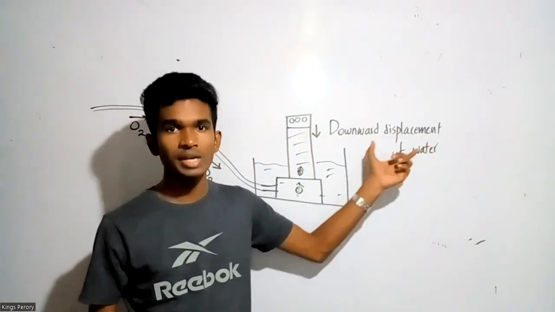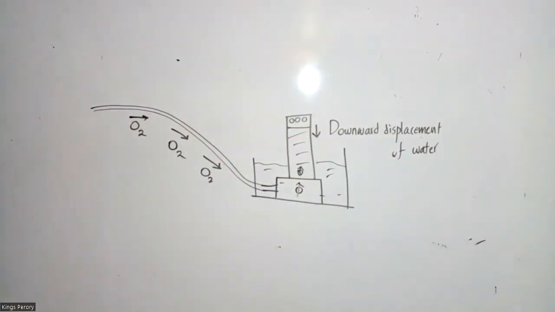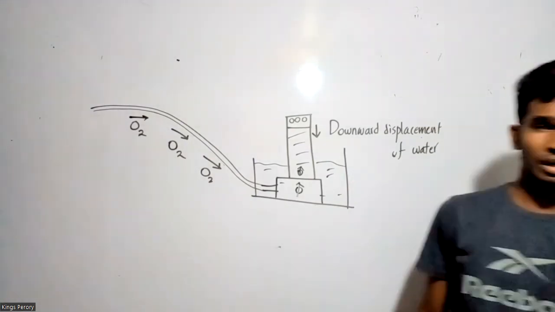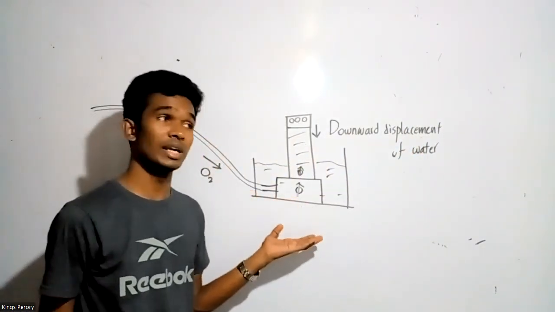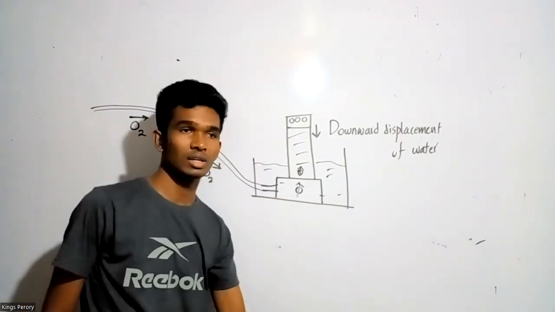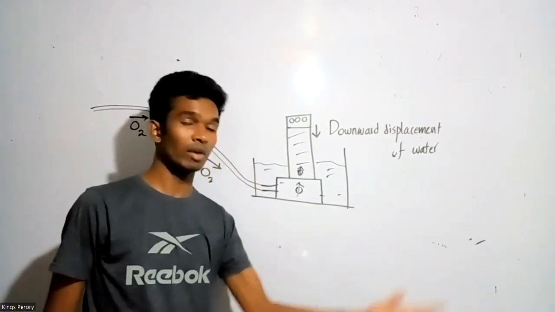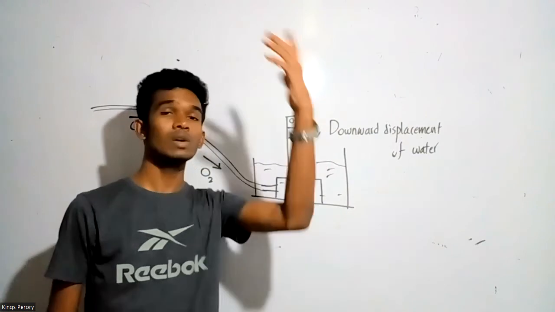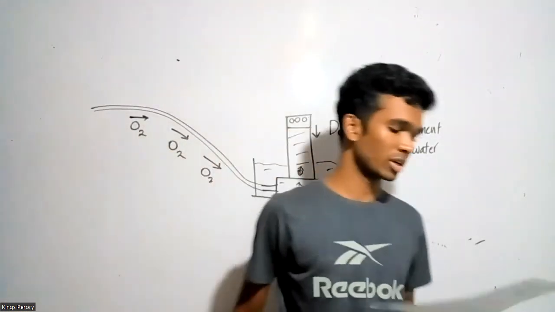So downward displacement of water is the correct answer. If you just write downward displacement, no mark. And some of you even wrote upward displacement. Remember, water cannot get displaced up due to oxygen gas. You send a gas through water. Will that gas lift the water up? No. Gas will only go up and send the water down. So that is downward displacement of water.